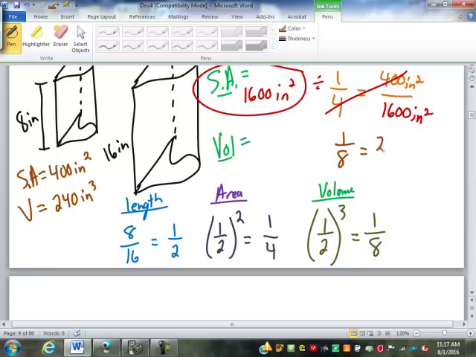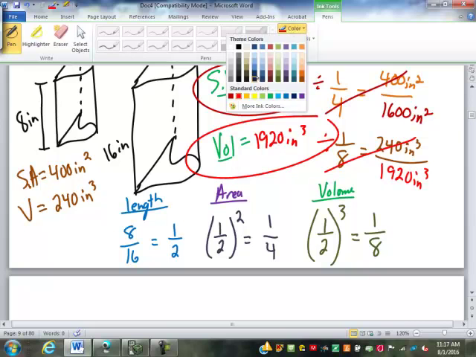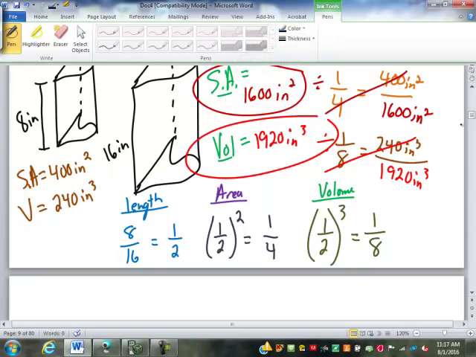Using our 240 inches cubed, we will cross multiply and divide, which is going to give us, what, 1,840 inches cubed? Is that correct? No, not correct. 1920. How many of you had that? Okay. Well, we're getting closer.